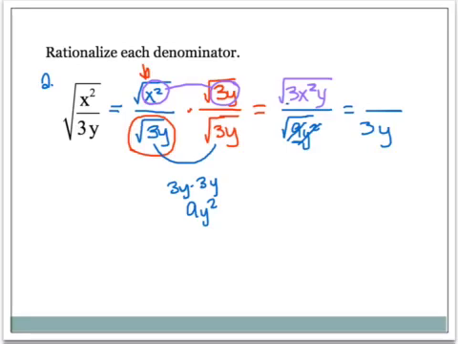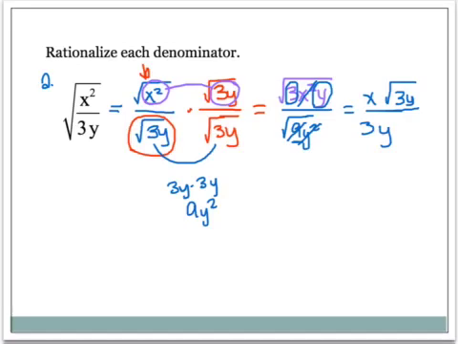Square root of 3 I cannot do, so that's going to stay inside. But the square root of x squared is x. And the square root of y, I can't simplify that one because there's nothing times itself that will give me just one y. So I really end up with x times the square root of 3y divided by 3y.